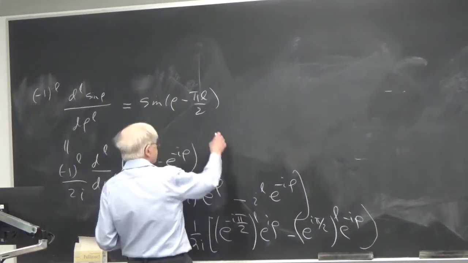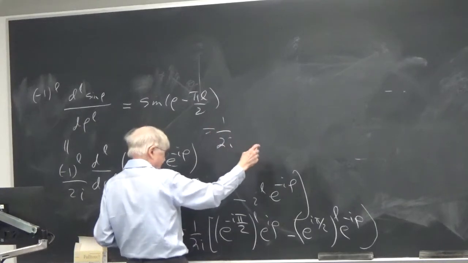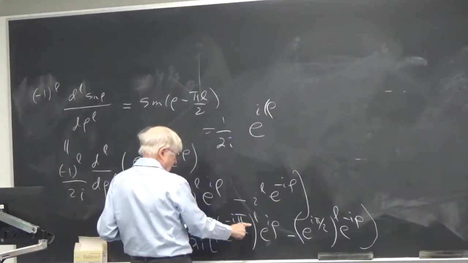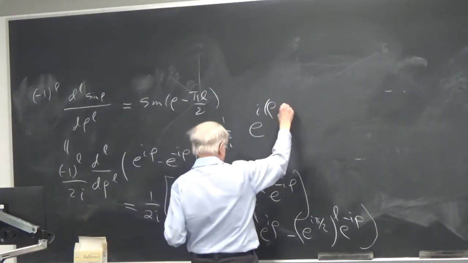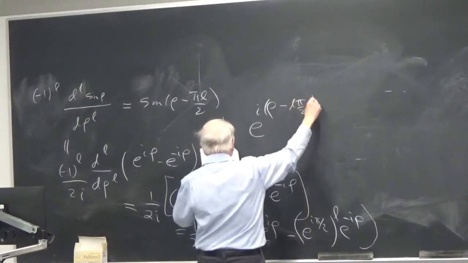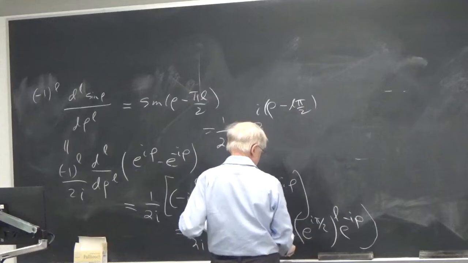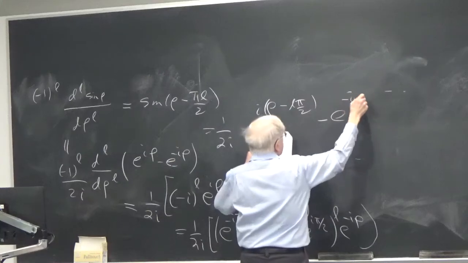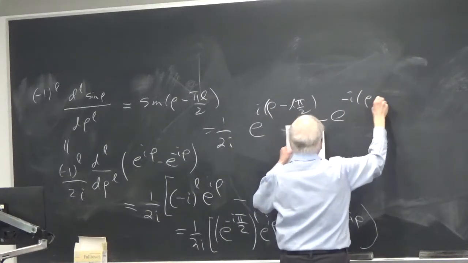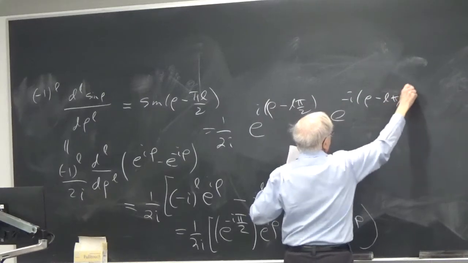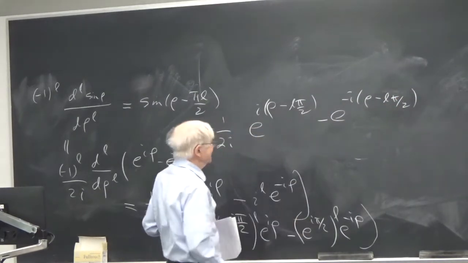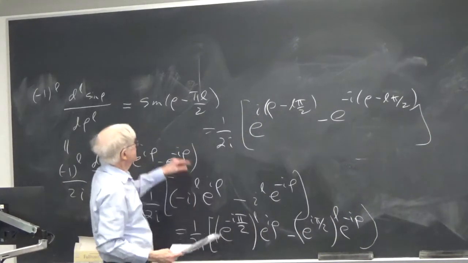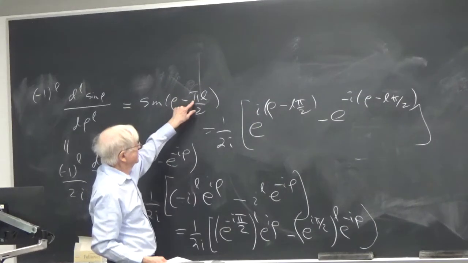So now we see that this is 1 over 2i, e^{i(ρ - Lπ/2)}, and the other term is minus e^{-i(ρ - Lπ/2)}, because this one has a plus sign. Now we see that this is just sin(ρ - πL/2).